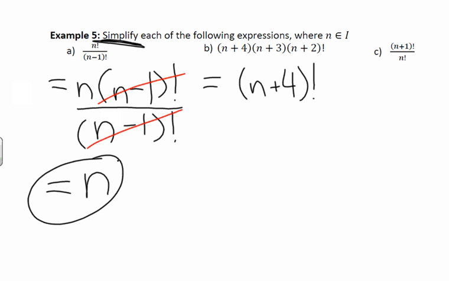Because you can imagine this is going down by 1 each time, all the way to 1, because we have a factorial on the last one. So that would keep going all the way down to 1. So we know that we can rewrite this using the biggest term here, n plus 4 factorial.